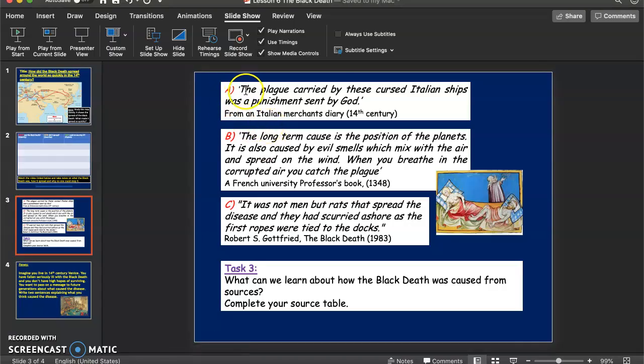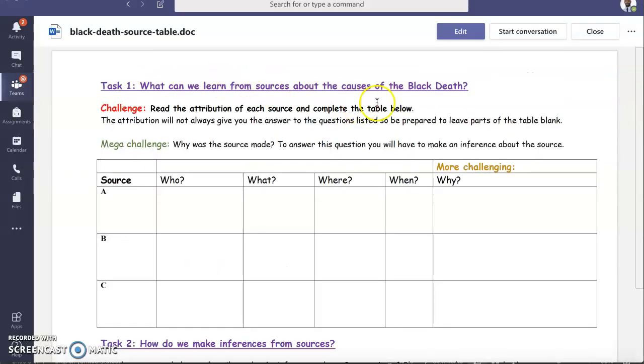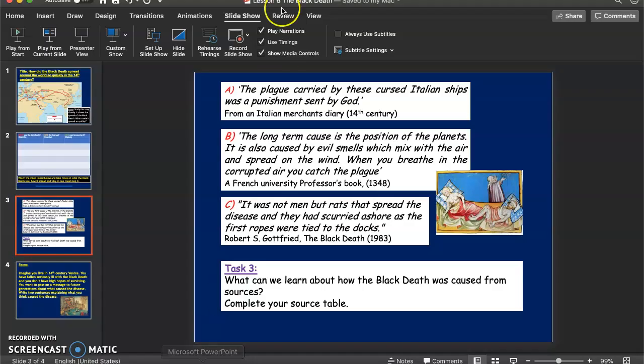So, why did it spread? What we're really looking at here is what can we learn about the causes of the Black Death? So why was the Black Death dominant in the world in the 1340s? What was the main reason the source gives for its spread?